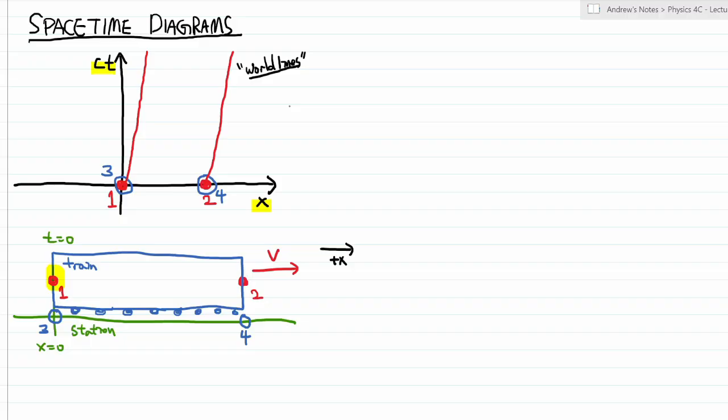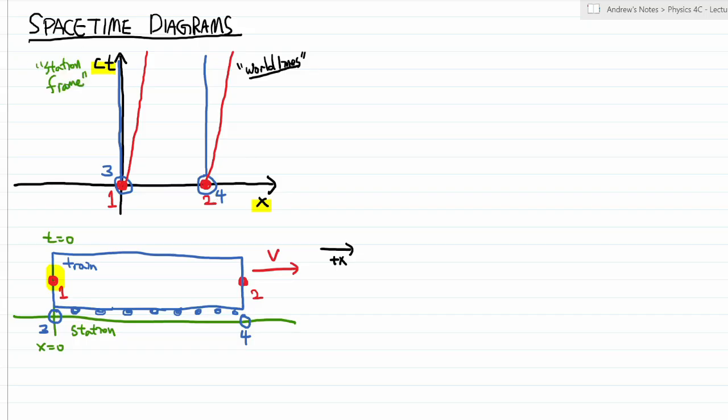In fact, we have chosen to illustrate only one dimension, x, so that we can diagram the time dimension on our two-dimensional plane. We can draw similar world lines for the station points as well. And when we do, you will see that they are just vertical lines. So what this diagram illustrates is the fact that points 3 and 4 remain where they are in the, I guess I should have said that this is the reference frame of the station.